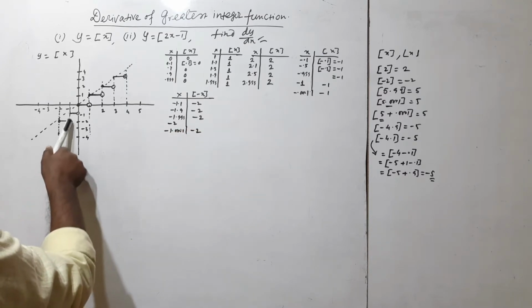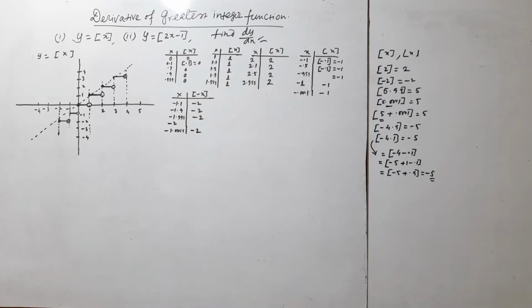So this is not exactly up to, okay, close to -1, not exactly -1. Okay, so this is the drawing of the box function.